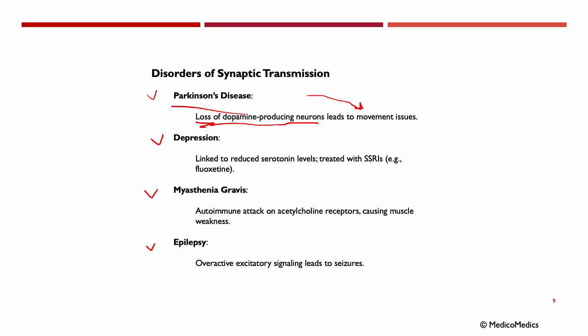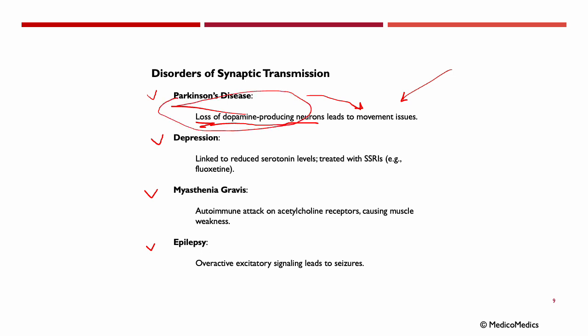The symptoms we typically see in Parkinson's include, for example, muscle rigidity, bradykinesia, which is slow movement, postural instability, tremors, etc.